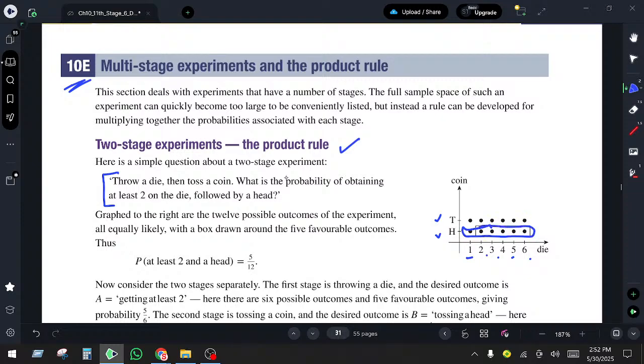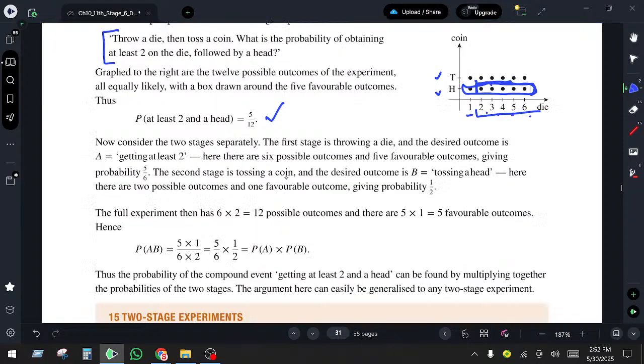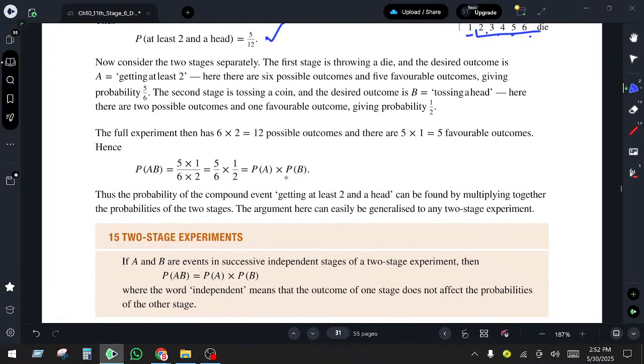And the die must be at least two, meaning 2, 3, 4, 5, 6. Only these five are your favorable. Its answer is 5 by 12. It's a restriction.